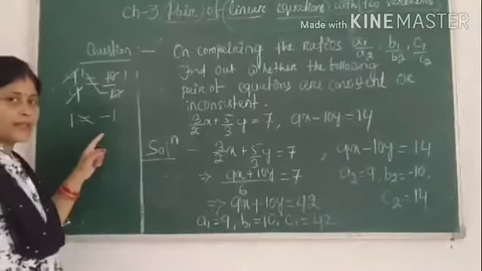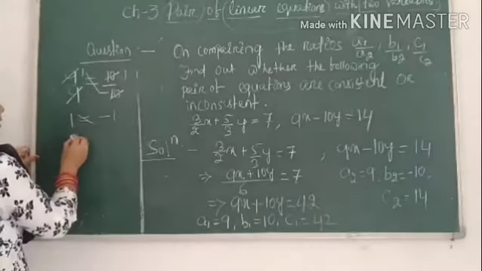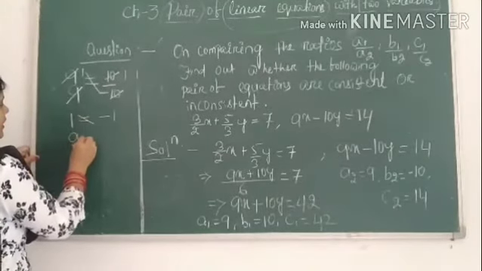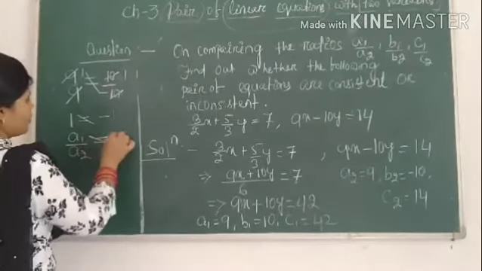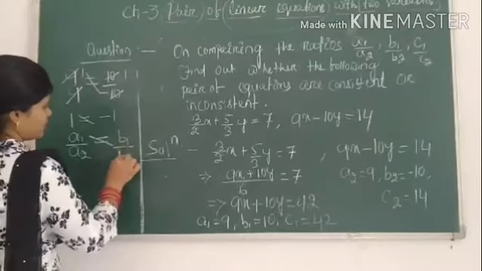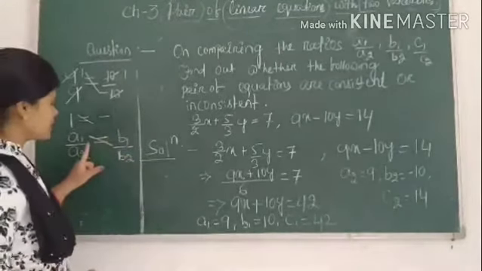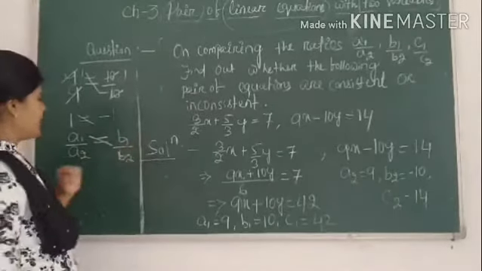Which condition will satisfy? Means here I can write A1 by A2 should not be equal to B1 by B2. Means this is intersecting lines.